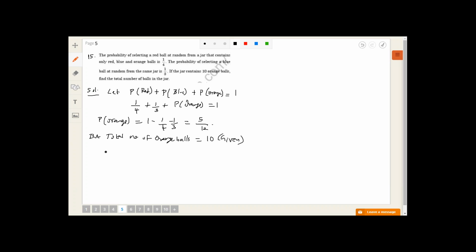So total number of balls is equal to 10 into 12 by 5, which is nothing but 24.